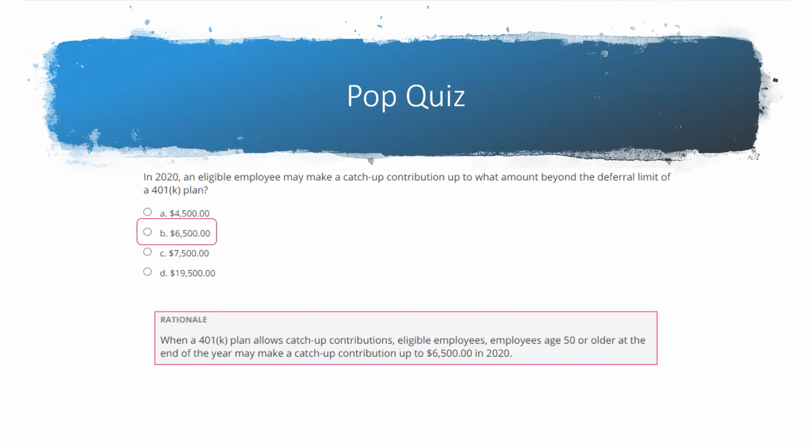When a 401k plan allows catch-up contributions, eligible employees, which are employees age 50 or older at the end of the plan year, may make catch-up contributions up to $6,500 in 2020. Keep in mind, as you are the one with fiduciary responsibility in a plan, to look at those contribution limits every year. They change.